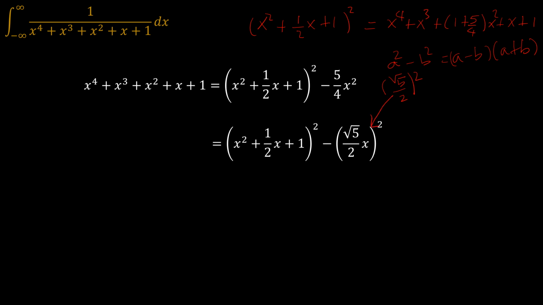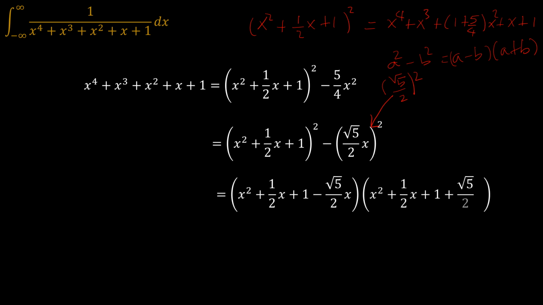And so now a minus b is going to be x squared plus a half x plus 1 minus root 5 over 2 x. A plus b is x squared plus a half x plus 1 plus root 5 over 2 x. Now I would like to collect the like terms together. So for example, the negative root 5 over 2 x combined with half x.